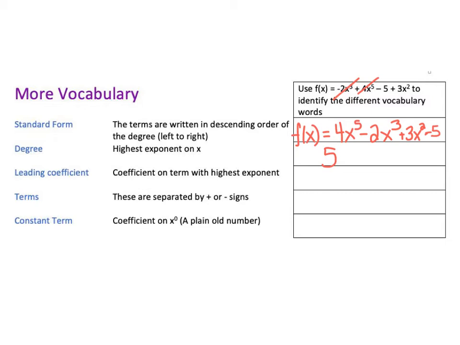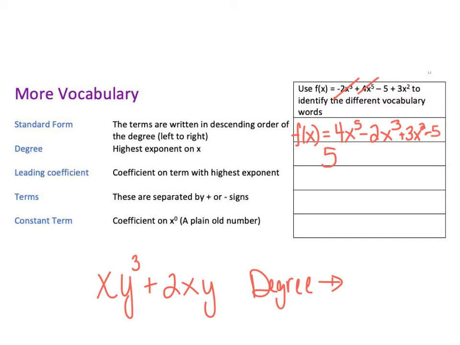Now, if we're looking at just a polynomial, we'll see some special cases where we need to do something else to determine the degree. For instance, if you have a polynomial like x squared y cubed plus 2xy, this is just a polynomial, not a function, the degree here is 4.